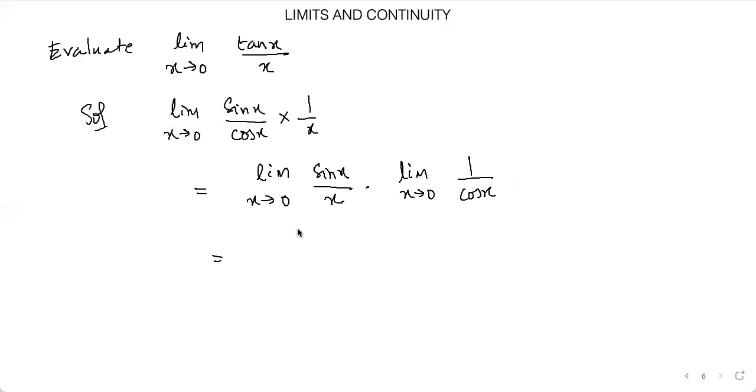Since we know sine x by x as limit x to 0 is 1, and when you put x equal to 0, cos 0 is 1, this will be 1. So the limit x tends to 0 of tan x by x is 1.